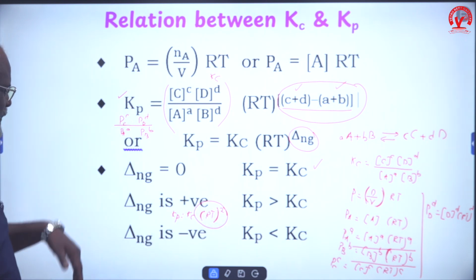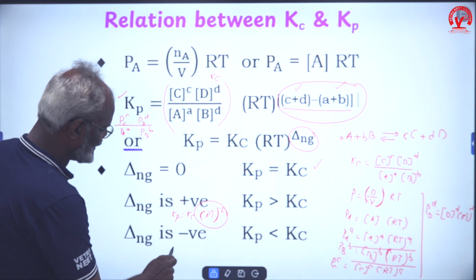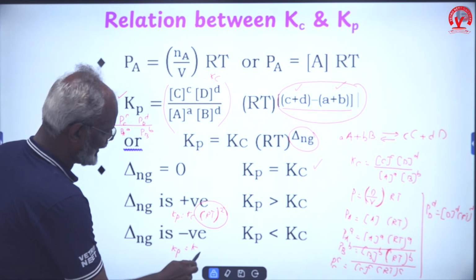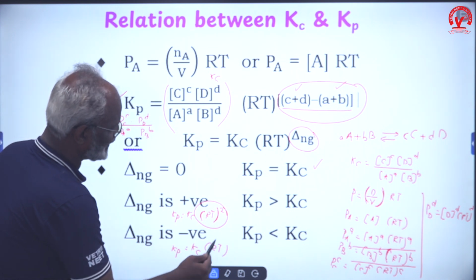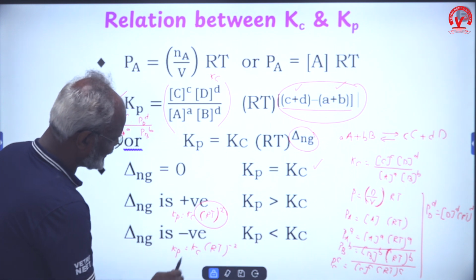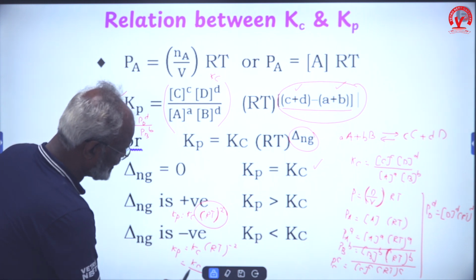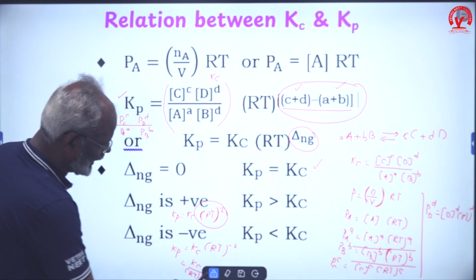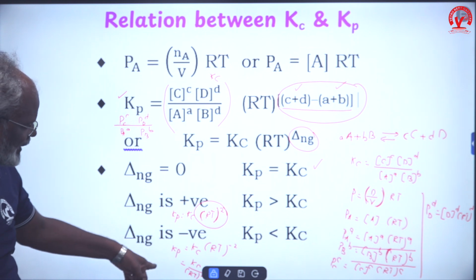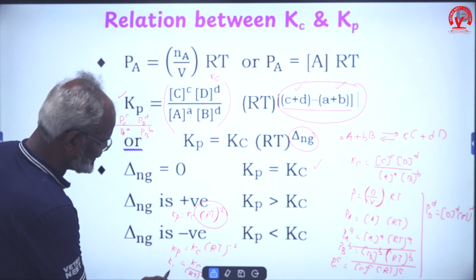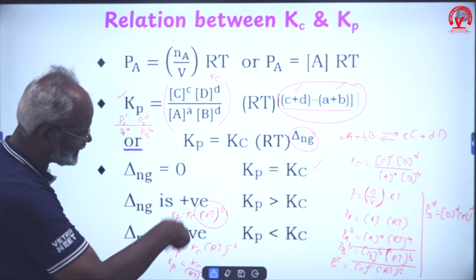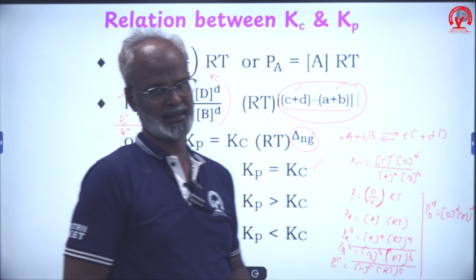Similarly, if delta Ng is negative, say I take Kp is equal to Kc, RT power, say minus 2 now, it becomes Kc divided by RT square. Now if you divide Kc by a number, you get Kp, therefore Kp will be less than Kc.